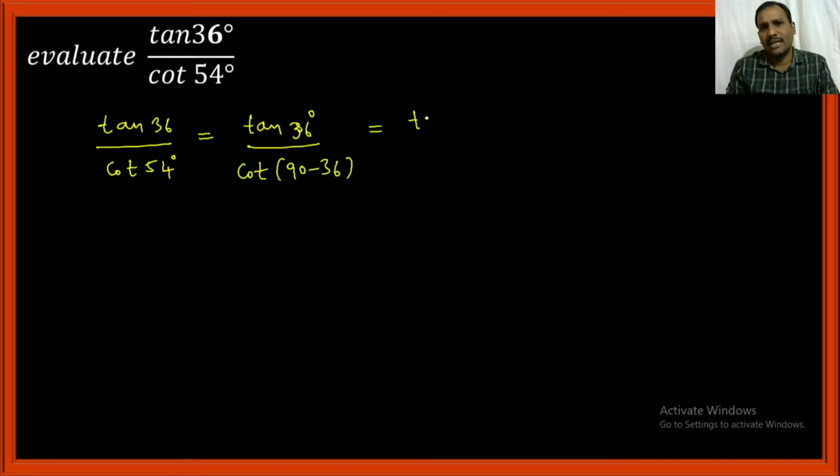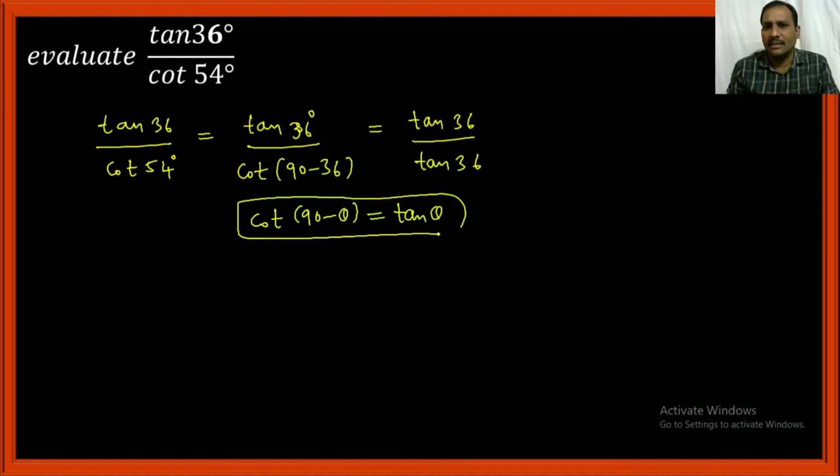Yes. So that is tan 36 by cot 90 minus 36, which can be written as tan 36 because cot 90 minus theta is equal to tan theta. That is what we have learned. So here it is tan 36 by tan 36. The numerator and denominator get cancelled and the answer is 1.